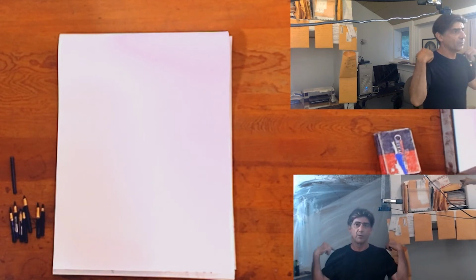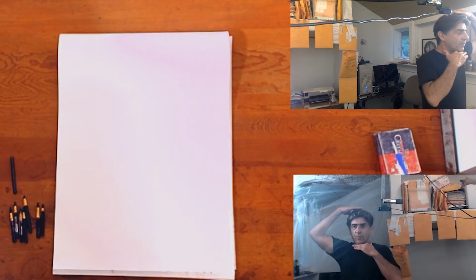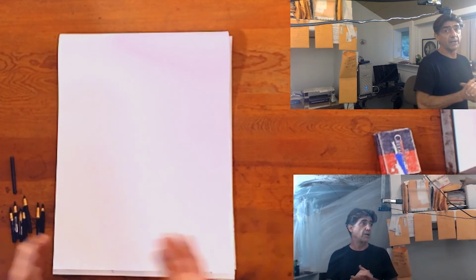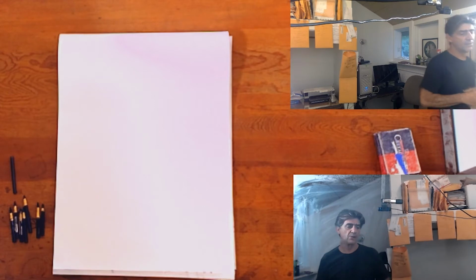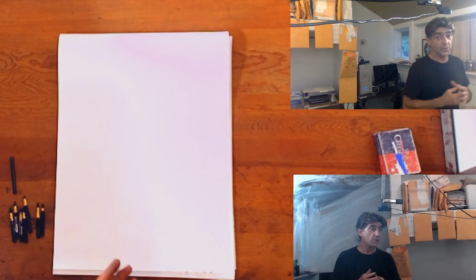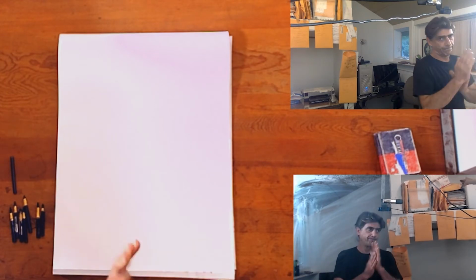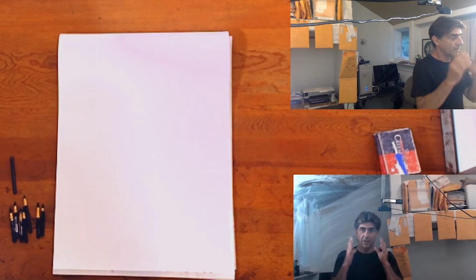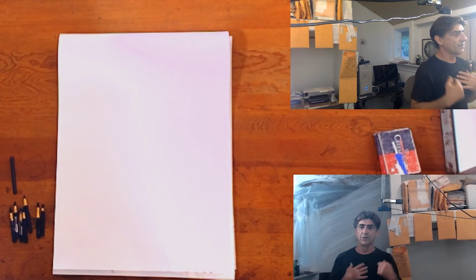Scale and proportion of the head is like 8 heads to the overall length of the body. So the head is sort of like the canon of proportion for the whole figure, if you were doing the whole figure, but tonight we're just going to do the head down to the shoulder clavicle.